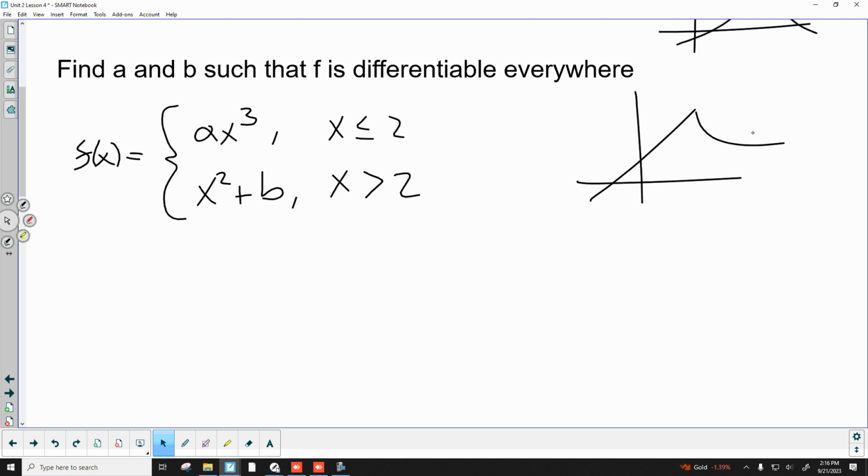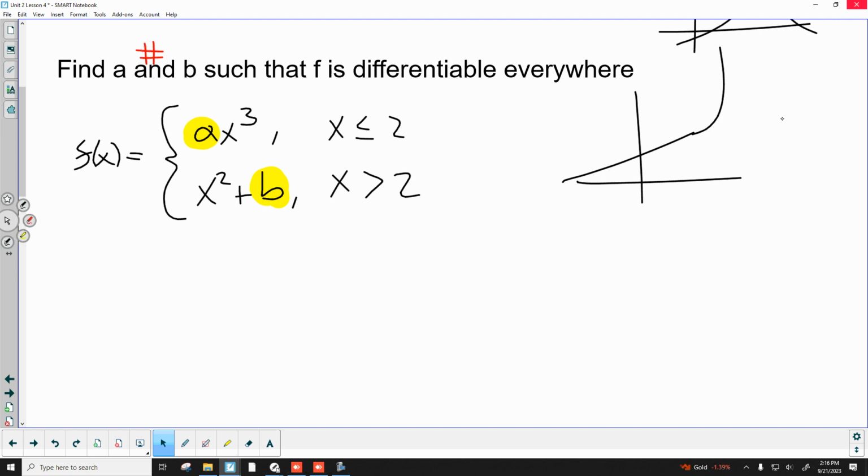What we are going to do is find a and b, their numbers, so that our pieces not only connect, but when they connect, they connect in a smooth way so that the sharp point is gone. That will ensure we have slopes everywhere.